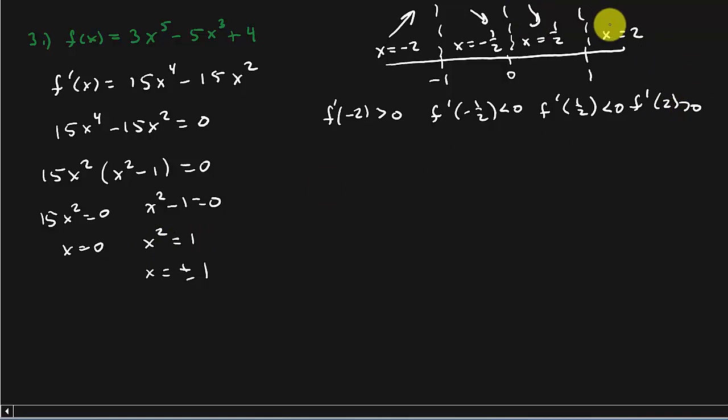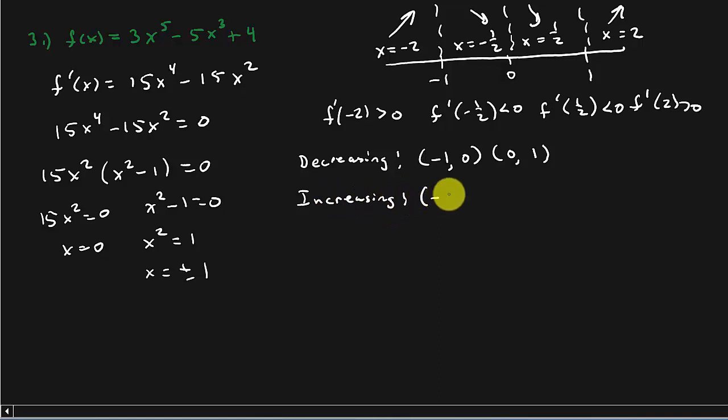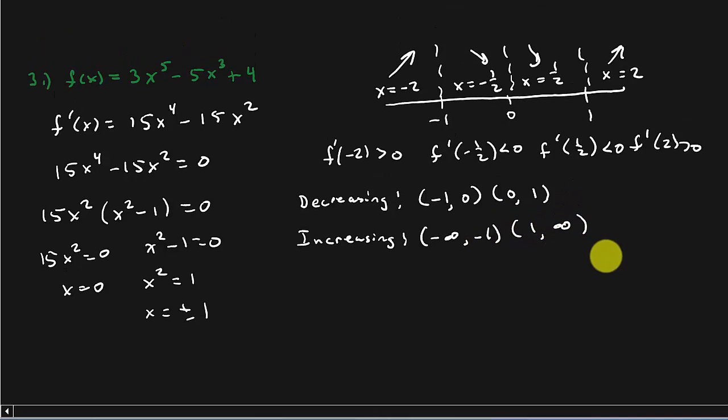Plug the 2 in, that's going to be greater than 0, so that's increasing. So we've got decreasing from -1 to 0 and 0 to 1, and we've got increasing from -infinity to -1 and 1 to infinity.